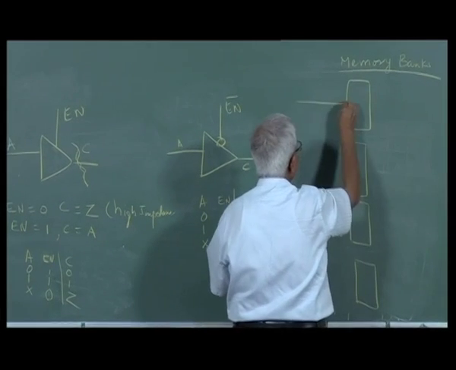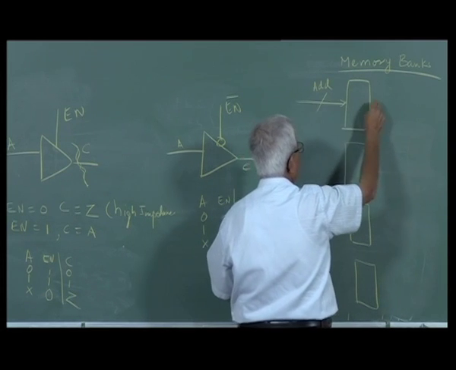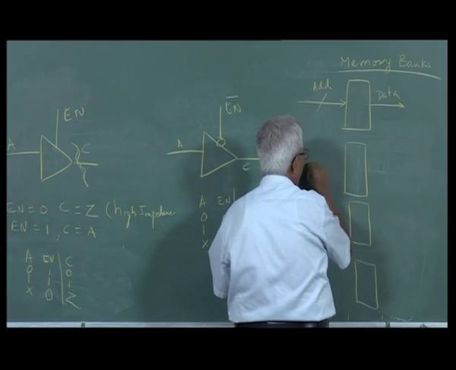So address lines, data lines. You give the address, you get the data. That is what happens in a memory.